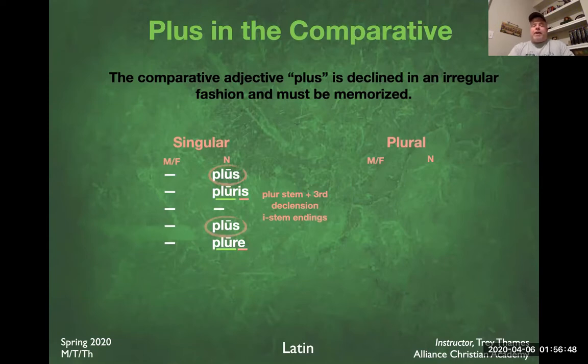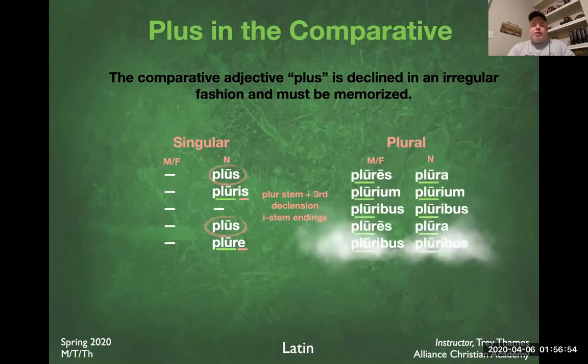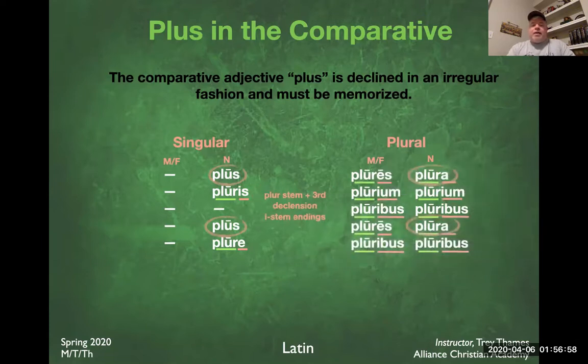The plural is a little bit more regular. You've got your masculine, feminine stem plur- with your masculine, feminine endings, third declension i-stem. Excuse me, it's late. Plural endings for masculine, feminine are -es, -ium, -ibus, -es, -ibus, added to the stem plur-.